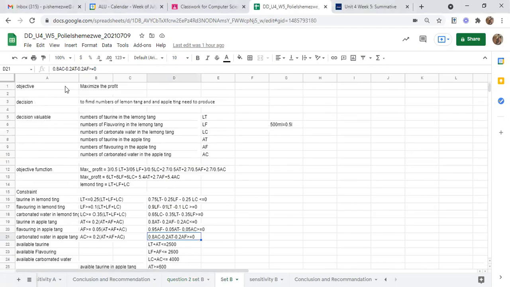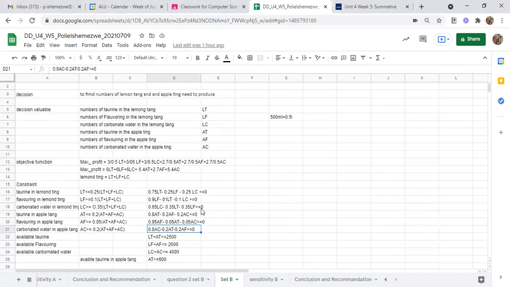Having been given the information for the available liters of ingredients to make both the airporting and limonting drinks, we have to decide the amount of liters of taurine, flavoring, and carbonated water needed to produce the airporting and limonting drinks. However, because we have three ingredients that need to go into both, but no set recipe, we have six decision variables.